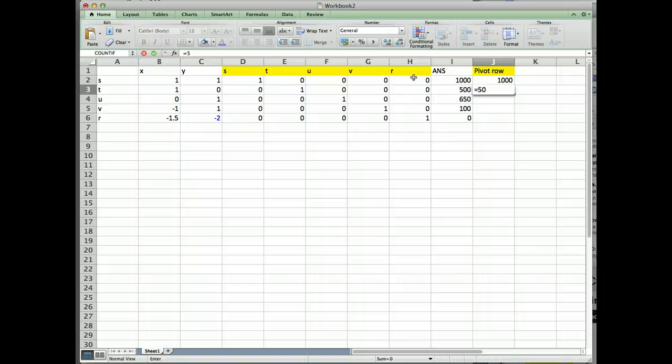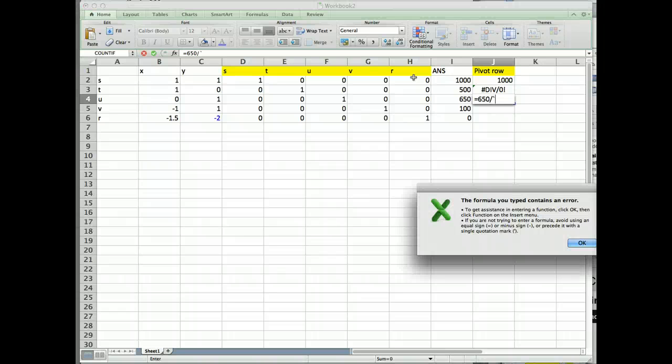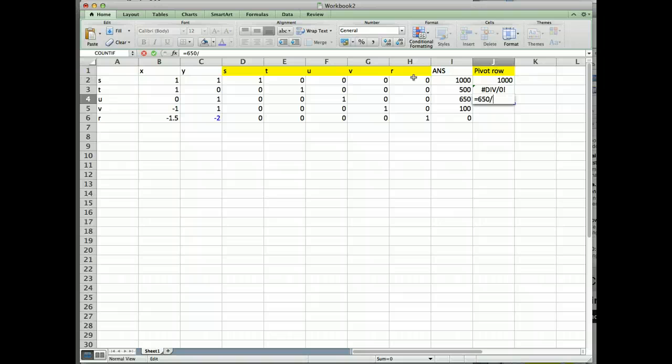The next solution is 500 divided by 0. I don't like division by 0. Then I have 650 divided by 1, and then 100 divided by 1. And lastly, 0 divided by negative 2.